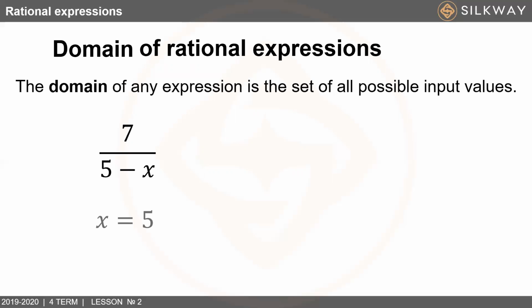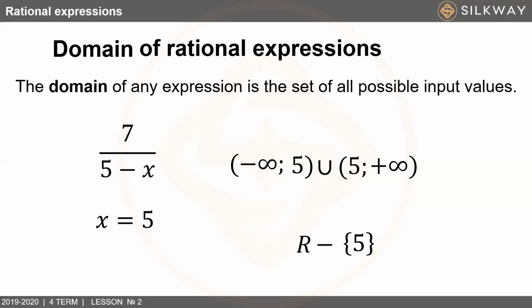When x is equal to 5, the fraction is not defined. So all other possible values, from minus infinity to 5 and from 5 to plus infinity, are possible. Also, we can denote it as all real numbers except 5.